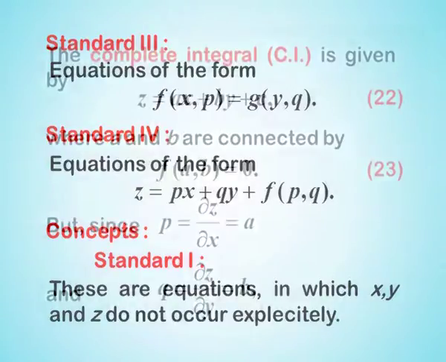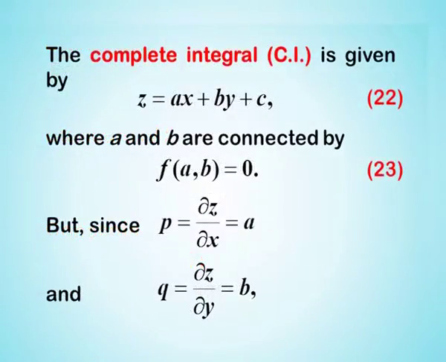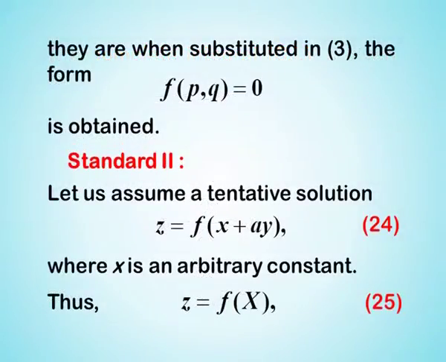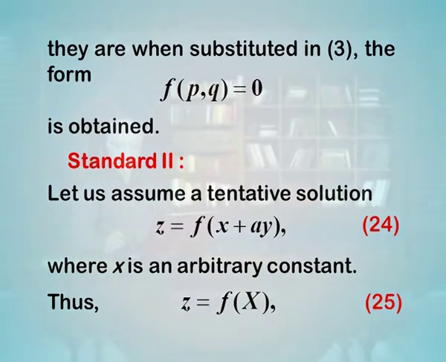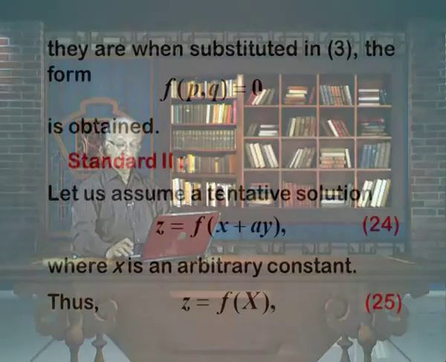The complete integral, which we will denote by CI, is given by z is equal to ax plus by plus c, where a and b are connected by the relation marked as 23, where p, as you know, is the partial derivative dz upon dx equal to a, and q, dz upon dy, is equal to b. Then finally, when we substitute it in equation 3, the form f(p, q) is obtained. A few examples will make it still simpler and easier.